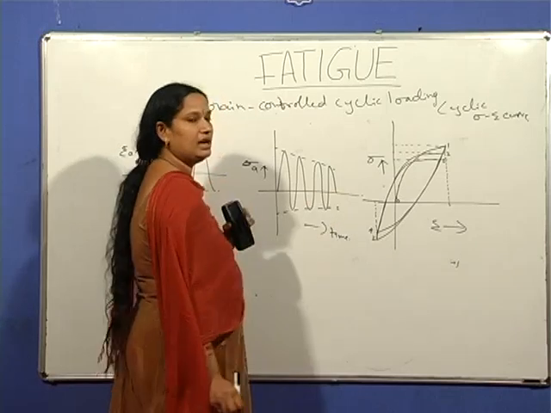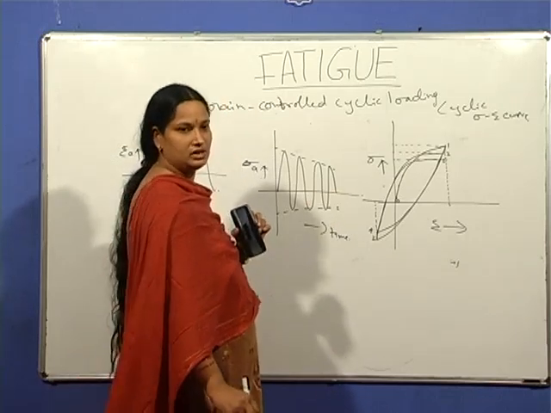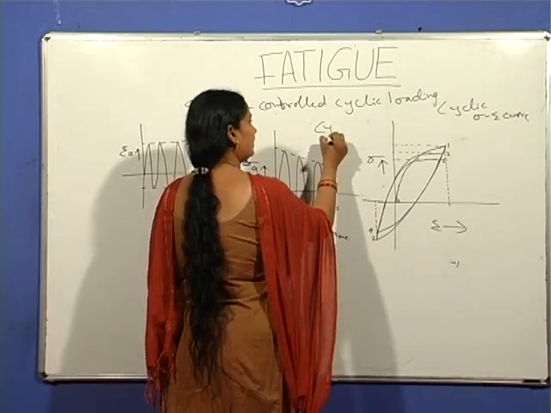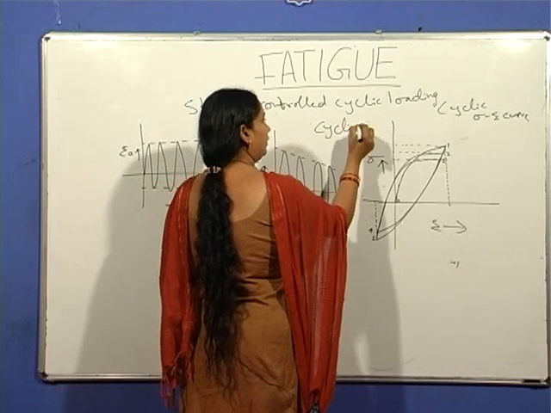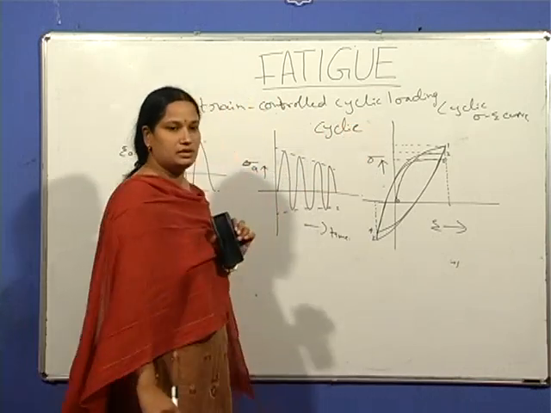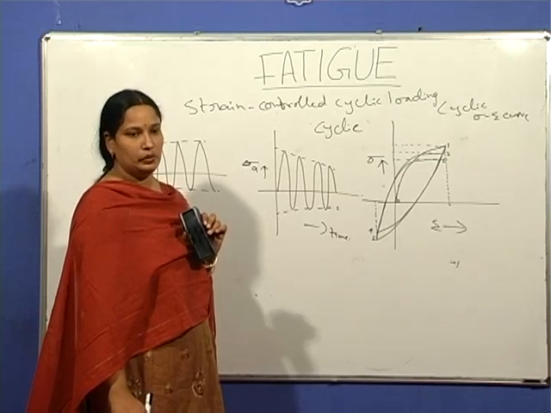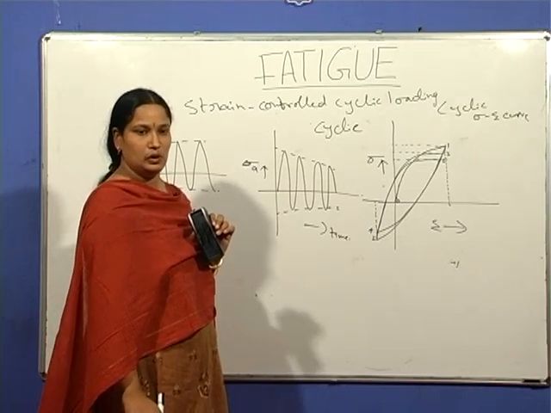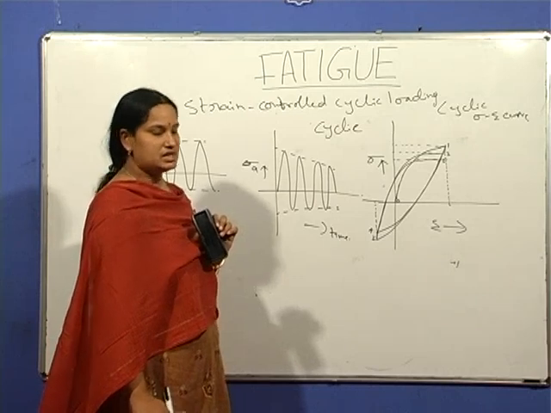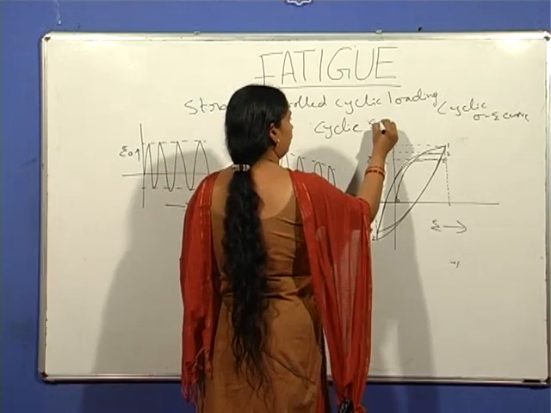That means the material has undergone cyclic softening. So this is the stress strain response of a material under strain controlled cyclic loading, where the material has undergone cyclic softening.